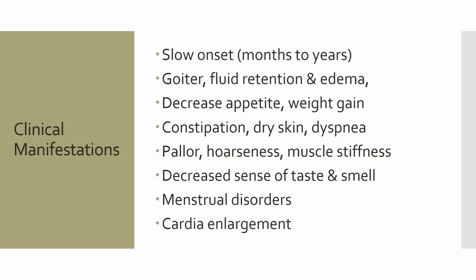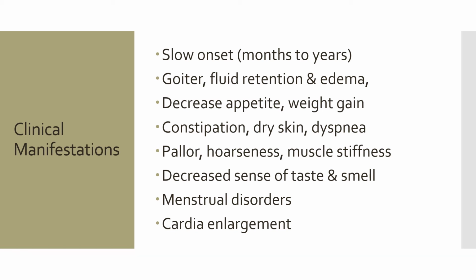Clinical manifestations: slow onset for hypothyroidism, anywhere from months to years. They may have a goiter, fluid retention and edema, decreased appetite and weight gain, constipation. So remember that with hyperthyroidism, everything was sped up. With hypothyroidism, everything is kind of slowed down.